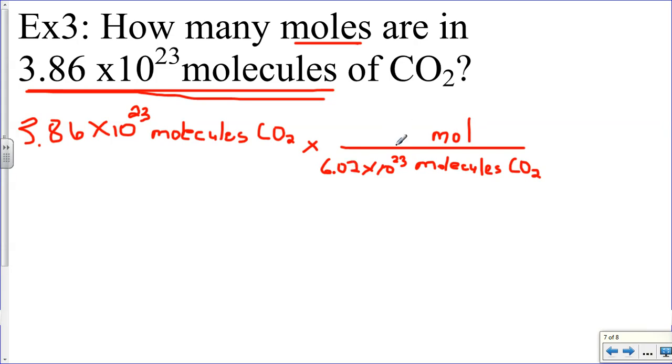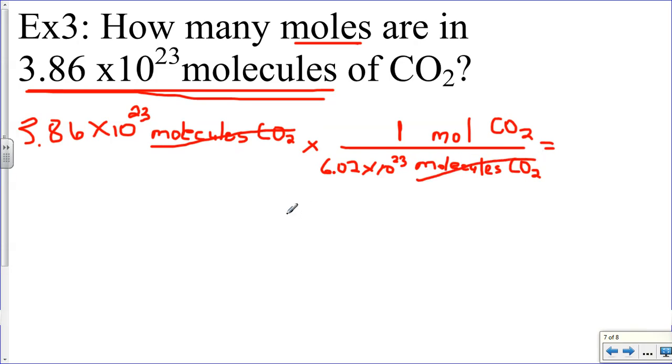What number always goes with the mole? 1. If you think you've got 1 mole digging up your garden, 1 mole. And our substance is CO2. Molecule carbon dioxide cancels with molecule carbon dioxide.